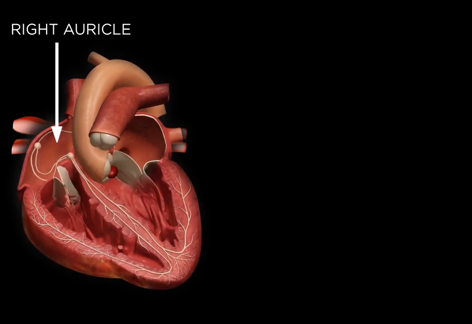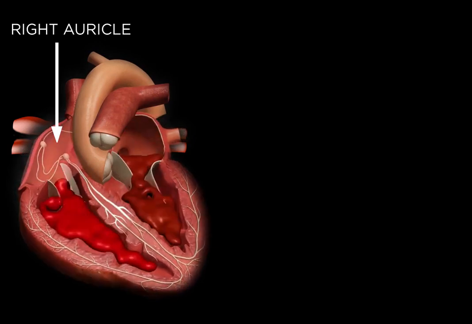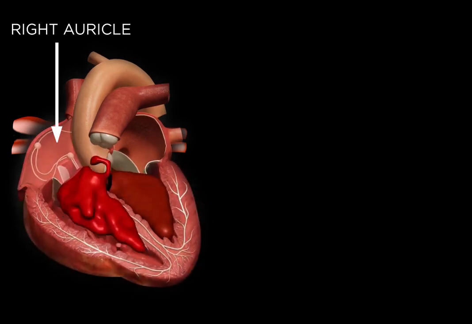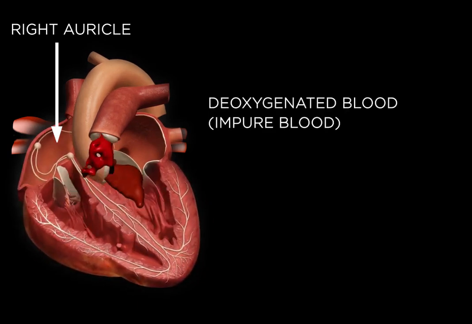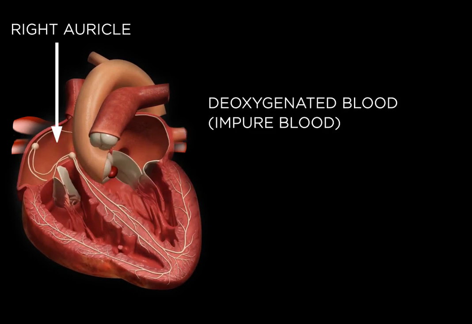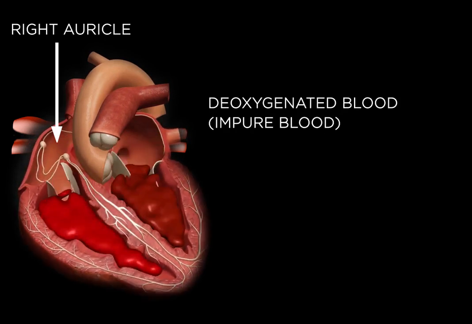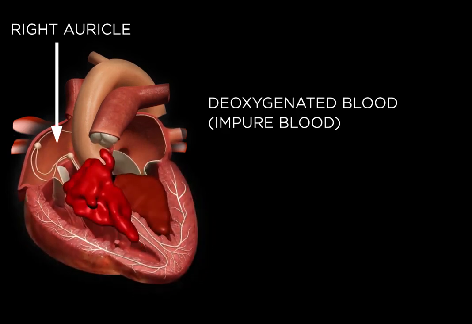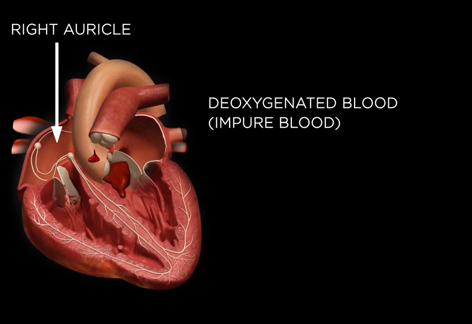The blood from all over your body will reach the right auricle, and this blood which is going into the right auricle is the deoxygenated blood. Basically the blood that does not have oxygen, which we also call the impure blood. So the deoxygenated blood from all over the body has reached the right auricle.